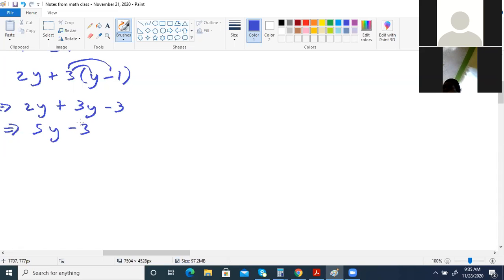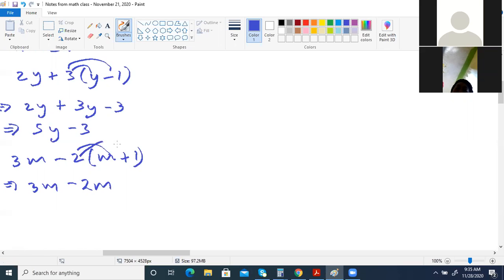Right, so that's simple. Nothing going on right there. And then we'll have this one, which is another simple one. So you go again and distribute the minus 2. So you have minus 2m, and then minus 2.